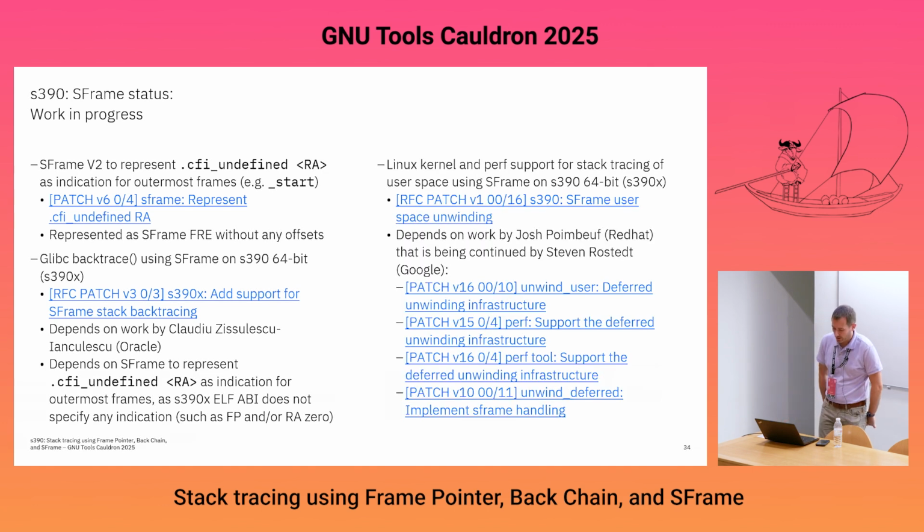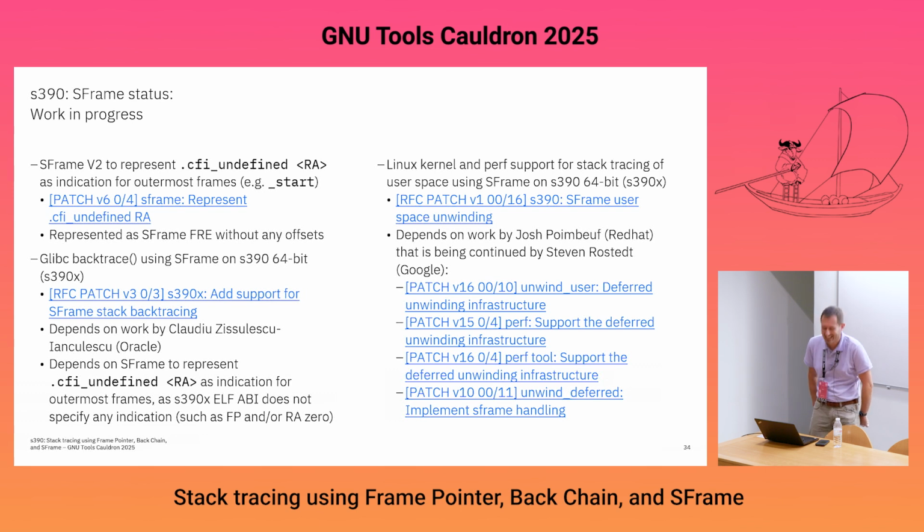And last, I'm working on adding support in the Linux kernel for stack tracing of user space using SFrame on s390. There is also an RFC patch series out, and this depends on the tremendous work by Josh Poimboeuf from Red Hat, which is now continued by Steven Rostedt from Google, and there are others that have added stuff, so it's not just those two, but Steve is driving this now mostly.